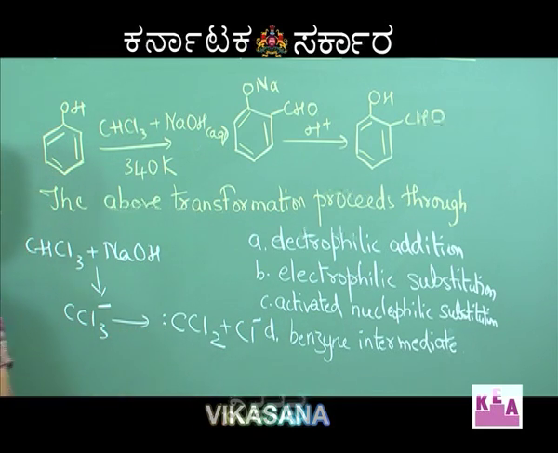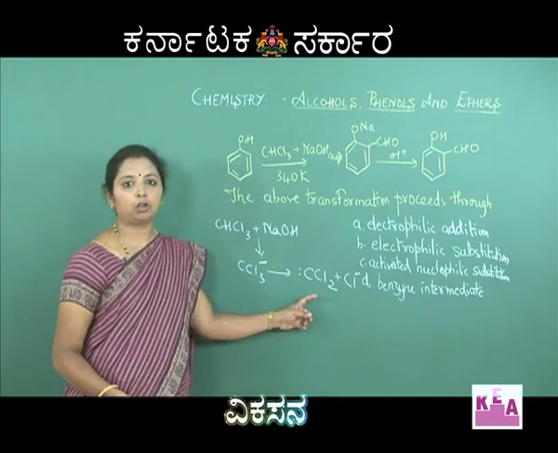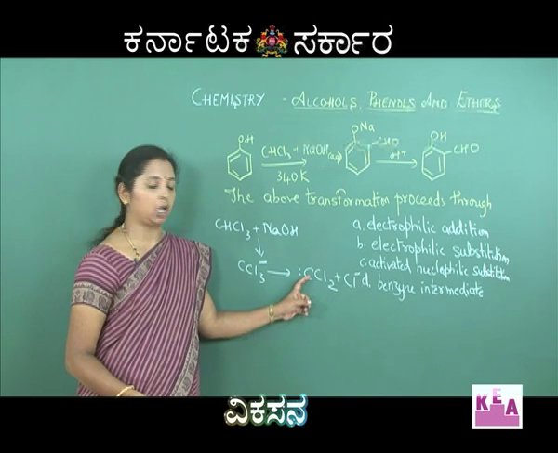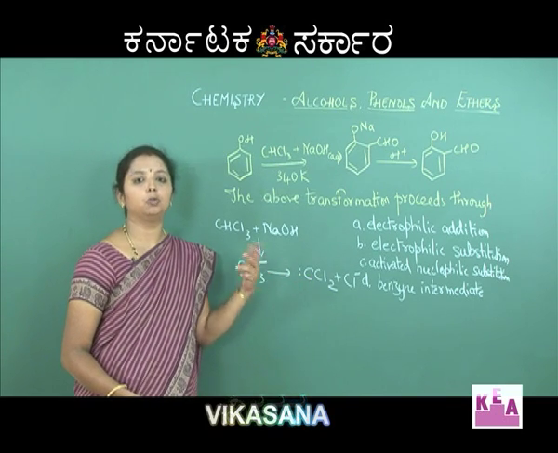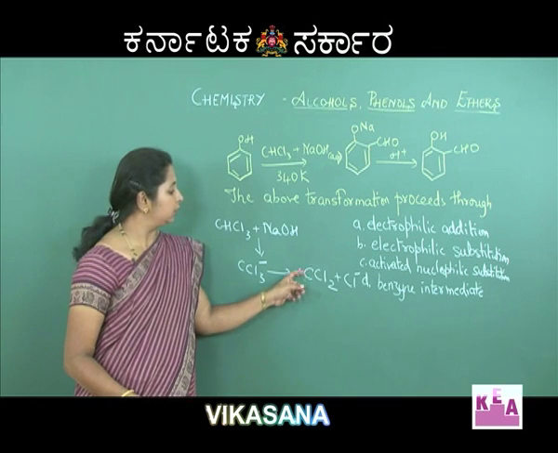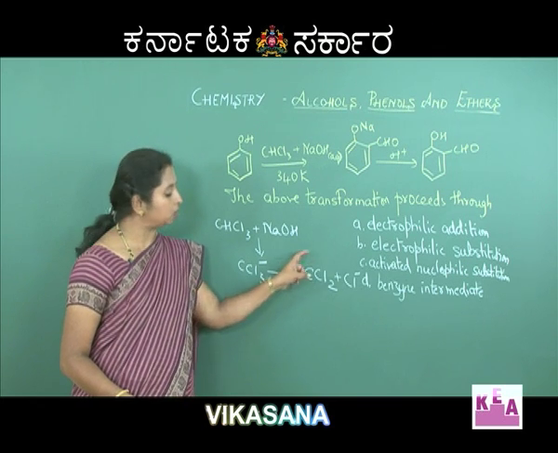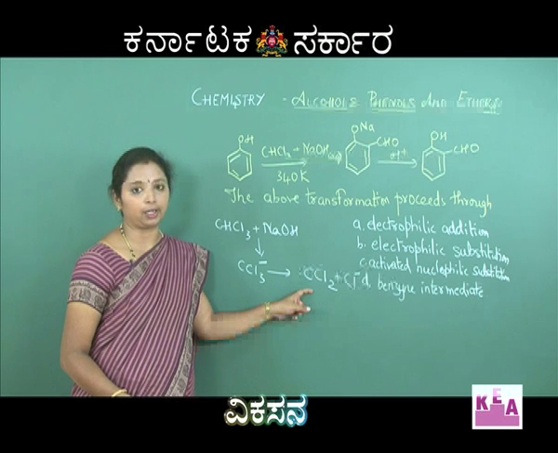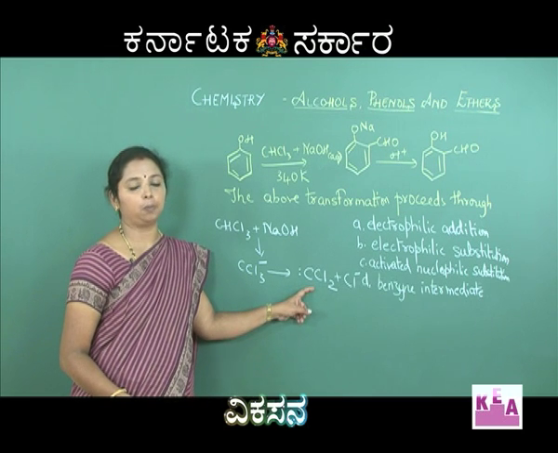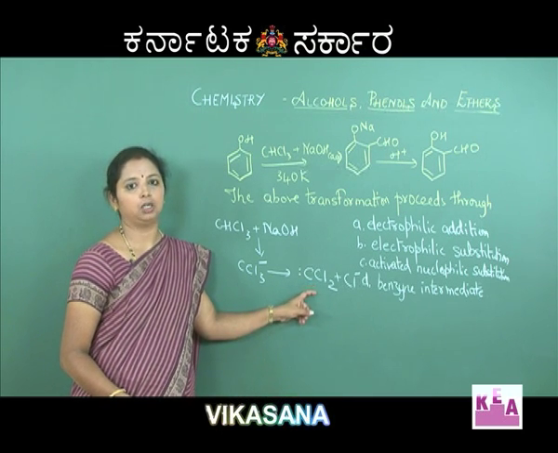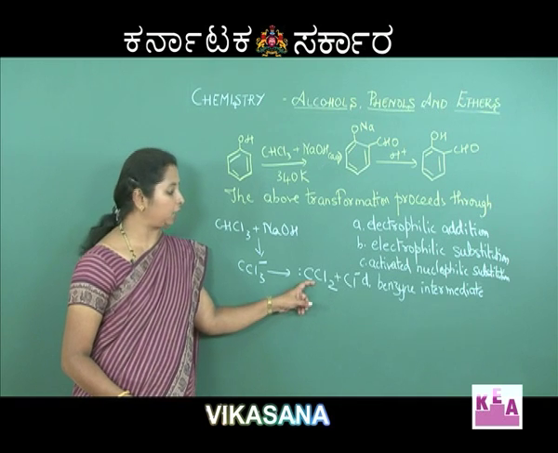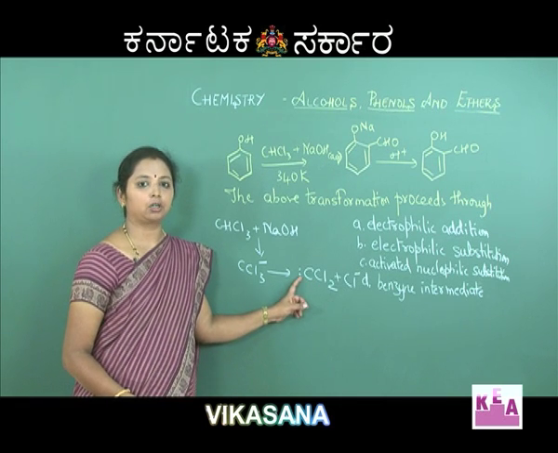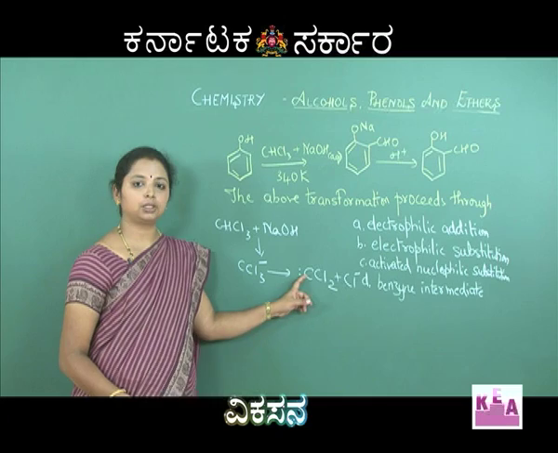Though it contains electrons, it is electrophilic in nature because this carbon is devoid of 2 more electrons. There are only 6 electrons around this carbon atom, and therefore it is acting as an electrophile. This type of intermediate we call a carbene. So the carbene is devoid of 2 electrons and therefore it acts as an electrophile.